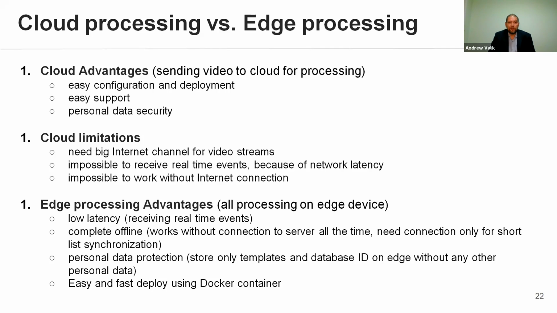But we have big limitations with cloud processing. For example, if you need to process a lot of video streams, you have to use a big internet channel for video streams. And it's impossible to receive real-time events because of network latency, and it's impossible to work without an internet connection, of course.